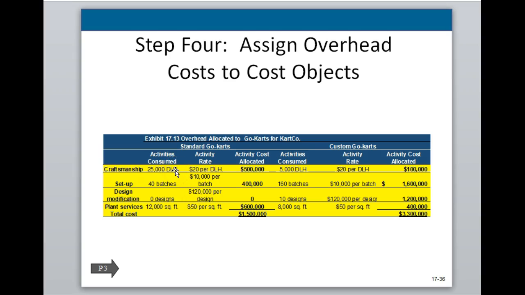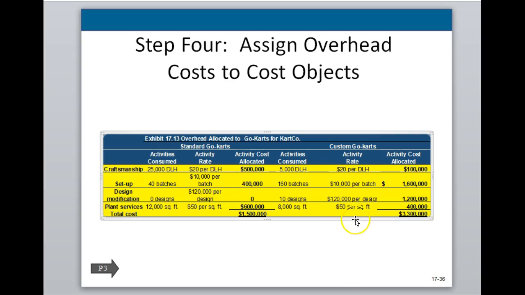We've got this 25,000 direct labor. We have 40 batches. They're going to have 40 different setups here. And that's going to be multiplied times that 10,000. So each one of these are laid out for the standard and for the custom.